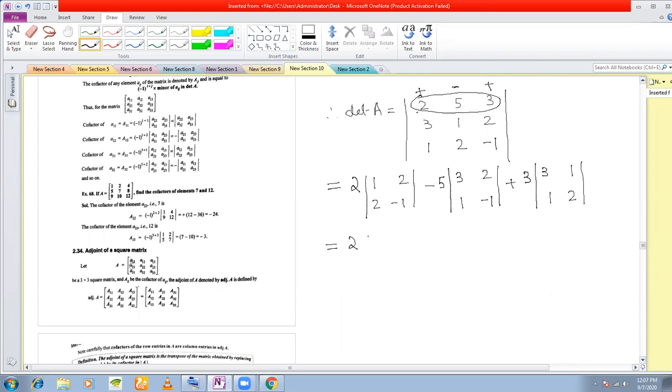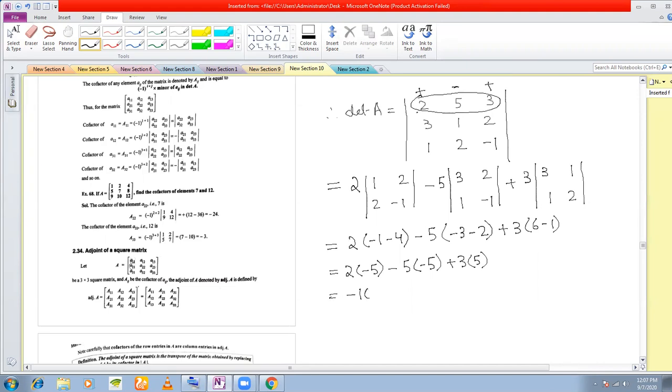Now we'll find the value. 2 times minus 1 minus 4, which is minus 5. Minus 5 times minus 3 minus 2. Plus 3 times 6 minus 1. So 2 times minus 5, minus 5 into minus 5, plus 3 into 5.